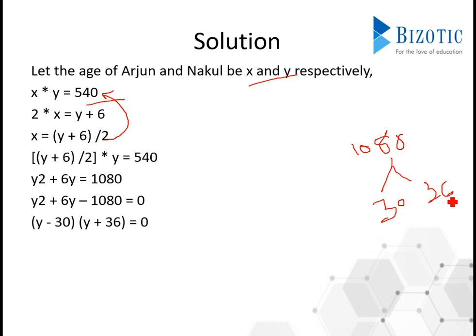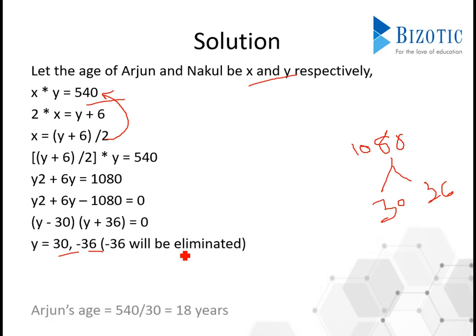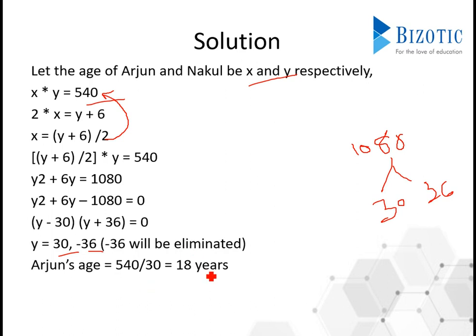Upon solving, the values will be 30 and minus 36. Minus 36 is neglected because ages cannot be negative. So 540 by 30 is equal to 18 years, which will be Arjun's age, and that gives you the answer, option A. And now let's move on to the next problem.